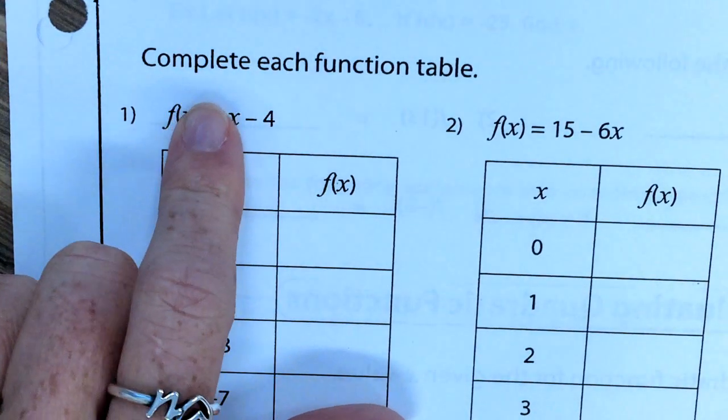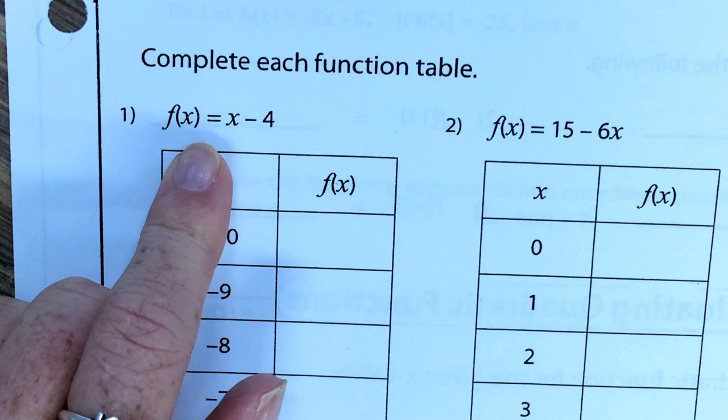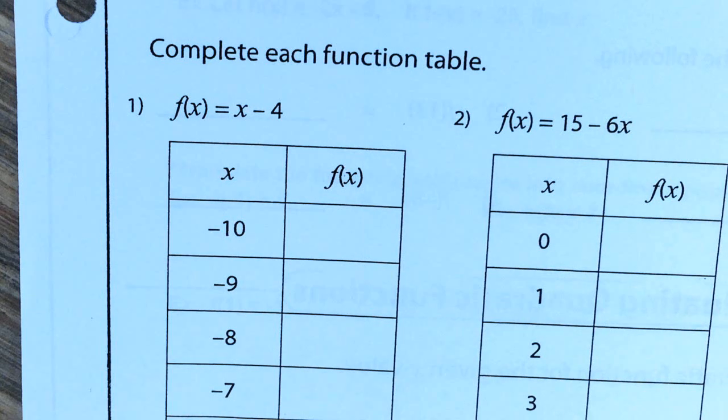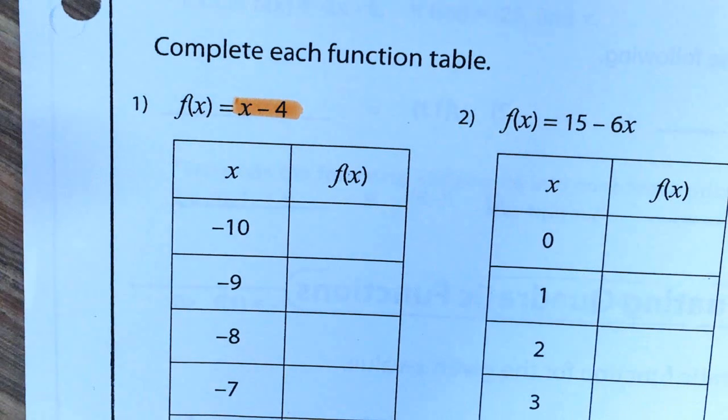Okay, so right here, it says complete each function table. This is the function. What's its name? F. Its name is f. We say f of x equals x minus 4. This is how you get the output. That's the rule. It's saying that to get the output, you're going to take every x and subtract 4.